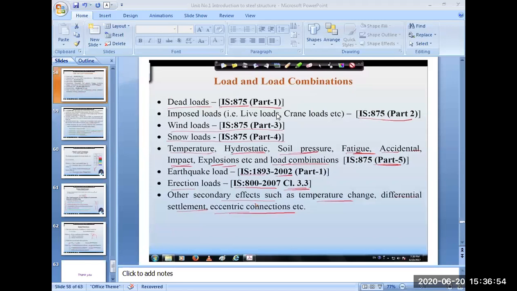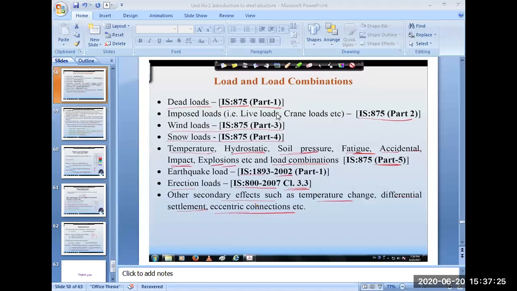Then we have to know the codal provisions, how to calculate the loads on a particular structure, and then go for the load combinations with certain factors of safety. Here, the different types of loads are given in IS 875 parts 1 to 5.